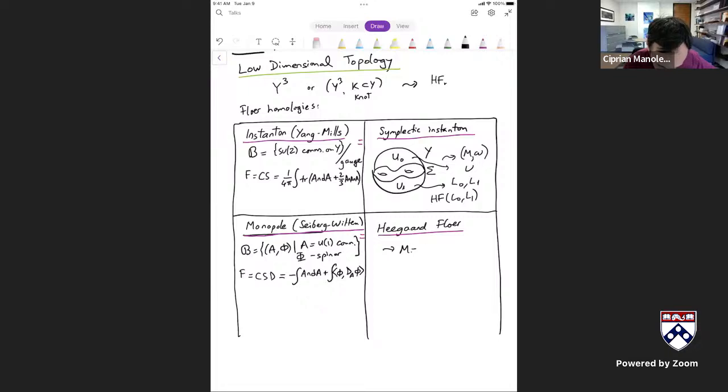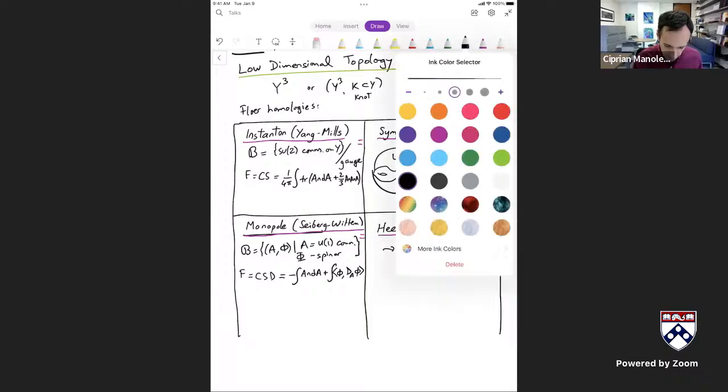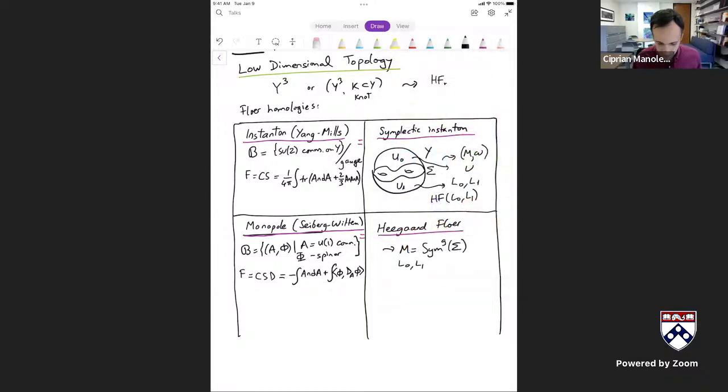M is a moduli space of vortices, which are the reductions of the Seiberg-Witten equations, and it turns out to be a symmetric product. And you get some L0 and L1, and you can get this Heegaard Floer homology, which turns out to be the same as monopole Floer homology. But it's a different construction, and it's more easily computable.